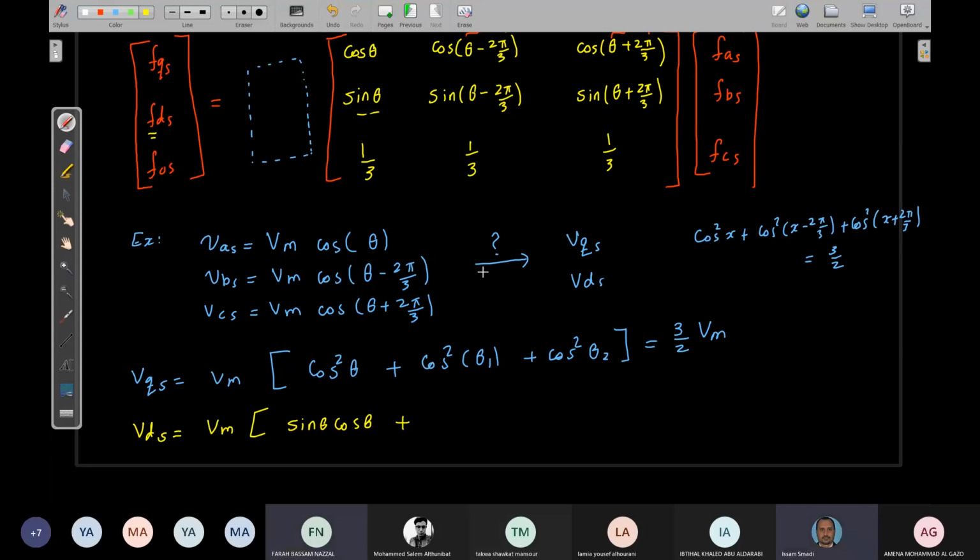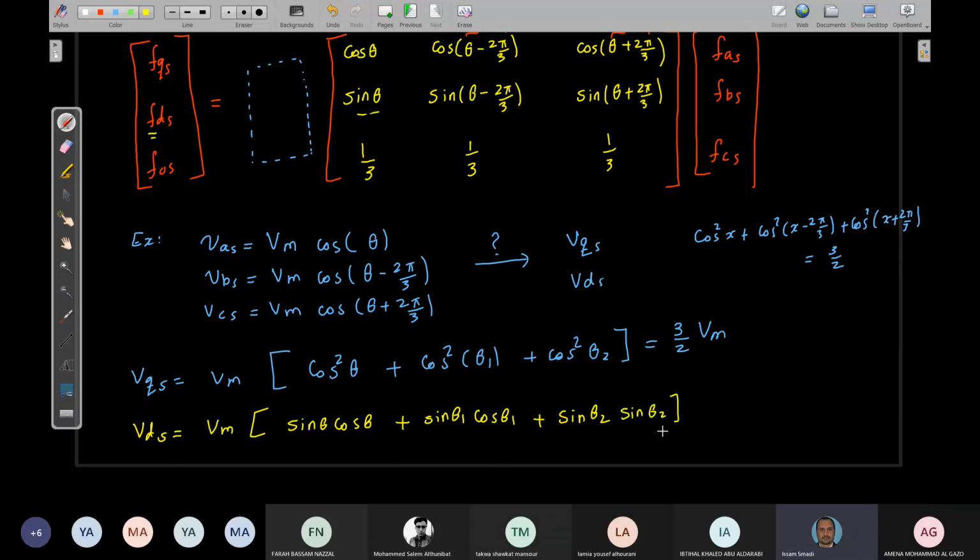Now you are multiplying what and what, by the way? Second, so this will be sine theta 1 cosine theta 1, plus sine theta 2 cosine theta 2. Thank you. And do you know this one will equal to what?